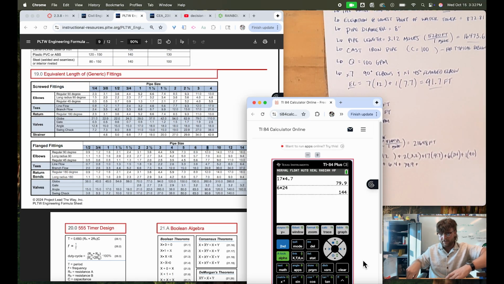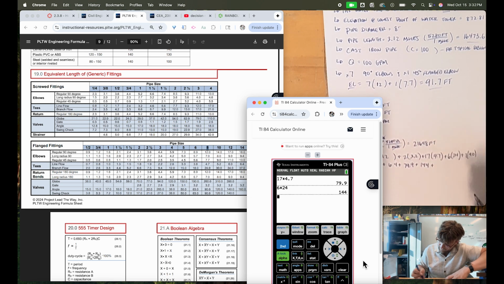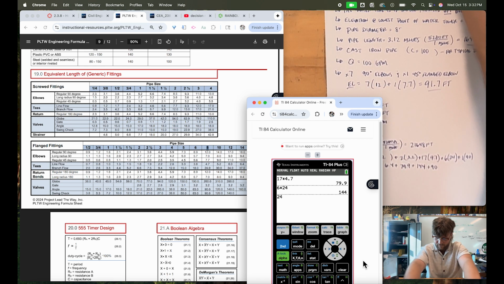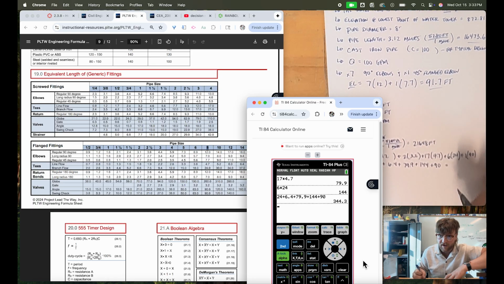Now, if I were you all, I would just be punching this in, but I'm going to break it down into each step. Then that's 90. So we got 24 plus 6.4 plus 79.9 plus 144 plus 90. That's going to give us an equivalent length of 344.3 feet.